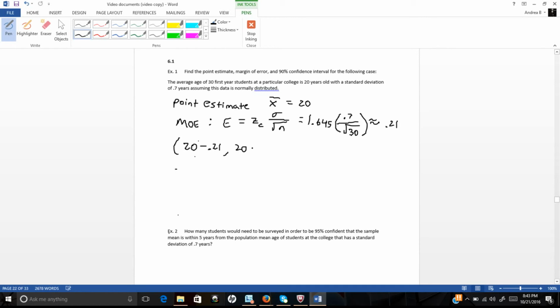Because with intervals, you start with smaller to larger, just like on a number line. So you do your point estimate minus the margin of error, and point estimate plus the margin of error. So in this case, for our confidence interval, it goes from 19.79 up to 20.21.